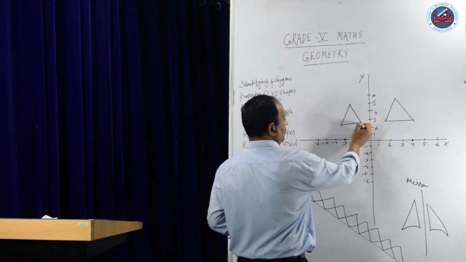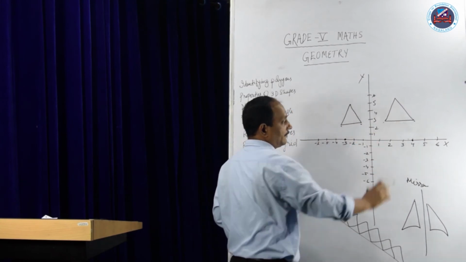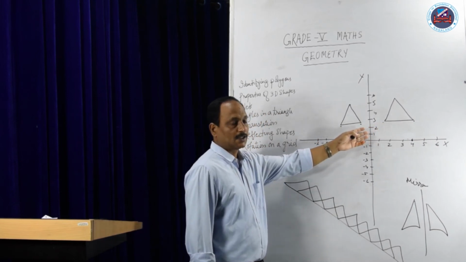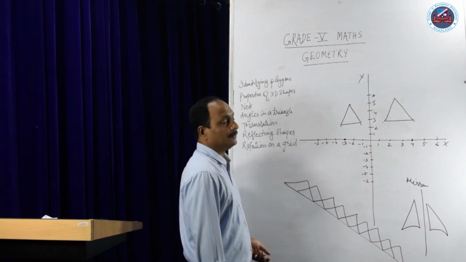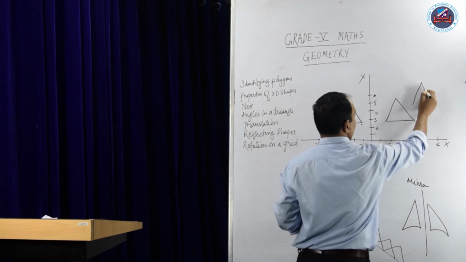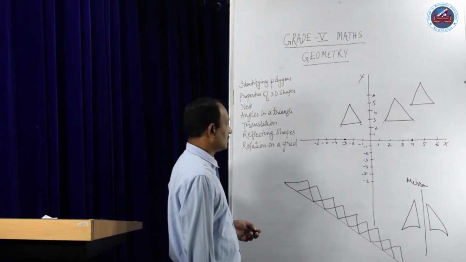This is also called translation, and this is also called a reflecting shape. If the coordinates are the same, it will be a reflecting shape. If they are different or same, it comes under translation also.